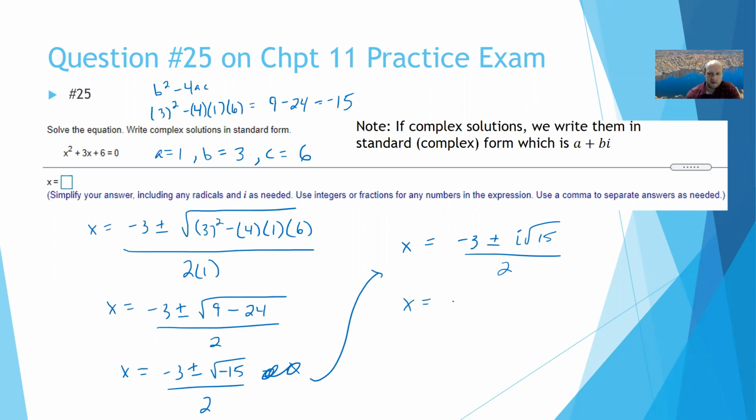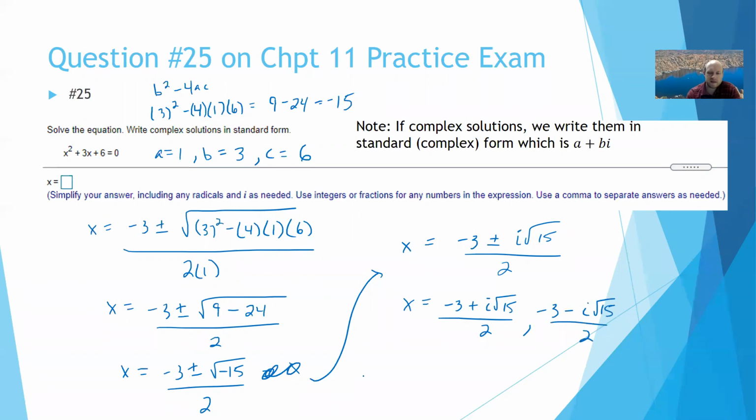Then I'm going to break this up, just like I did with the other ones before, except with this complex number. So I have negative 3 plus i square root of 15 all over 2, and negative 3 minus i square root of 15 all over 2.